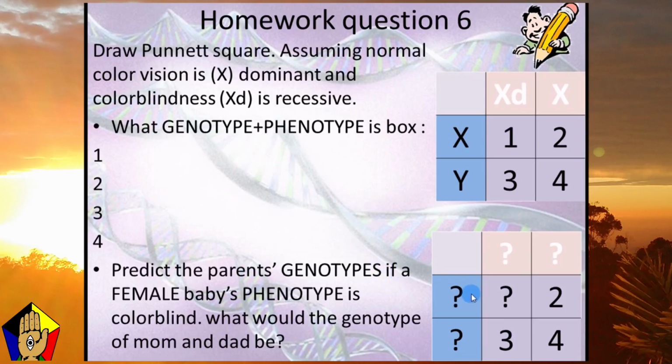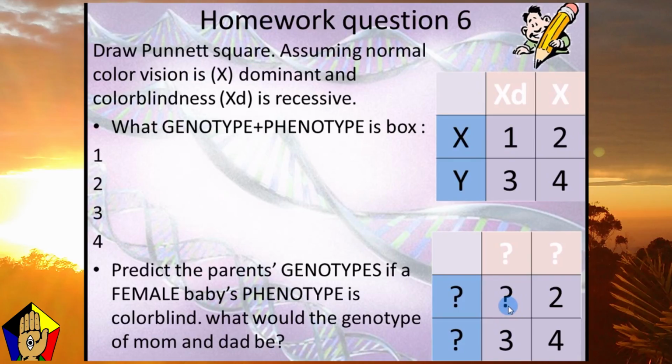And then you're going to see if you can predict the parents' genotypes. So in this one here, a female baby's phenotype is colorblind. You know that a girl is going to be XX, so you may as well write the XX in here. And if she has color blindness, what do you know about those X's? Are neither affected?